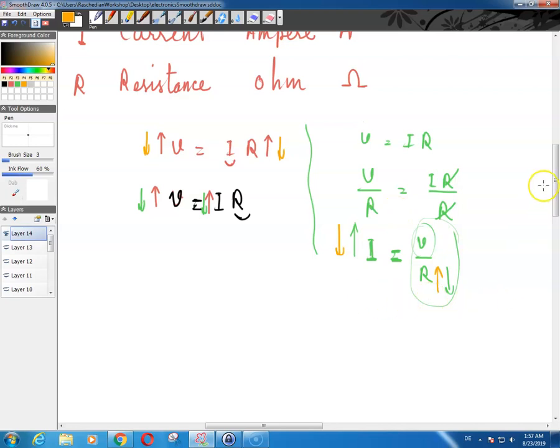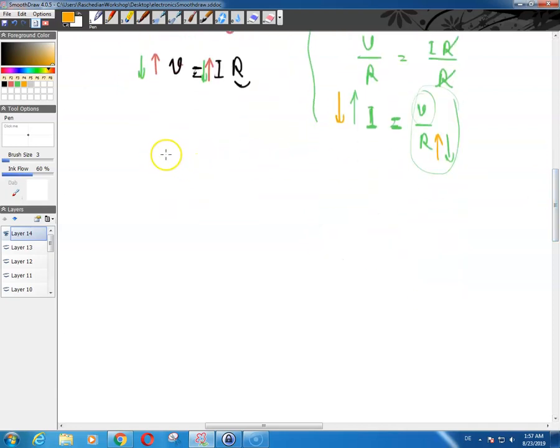So in a nutshell, we said that V is equal to IR. This is the voltage in the circuit, this is the current in the circuit, and this is the resistance in the circuit.